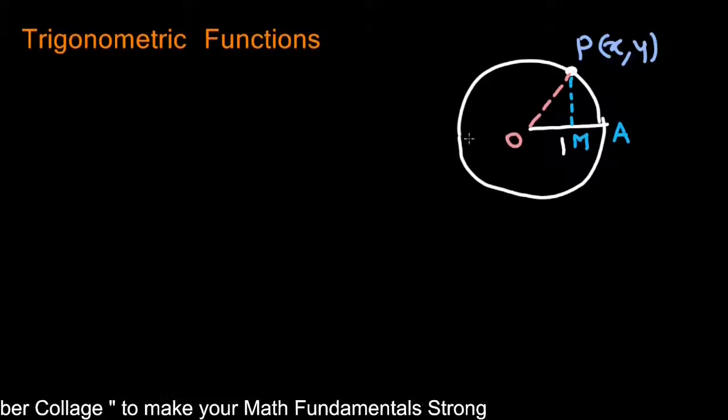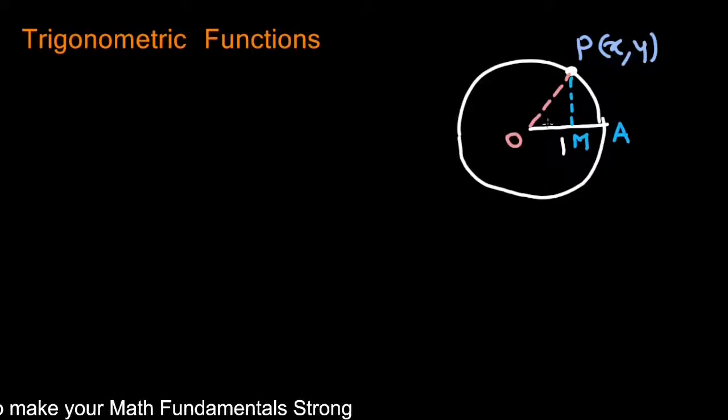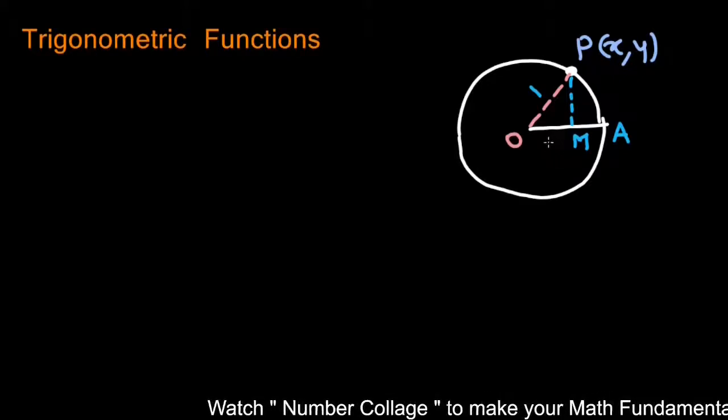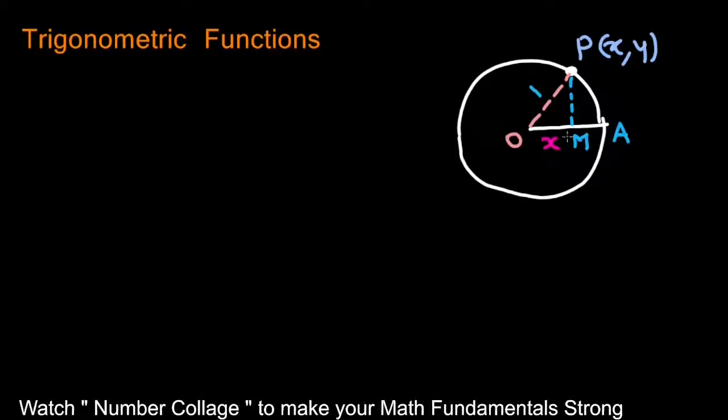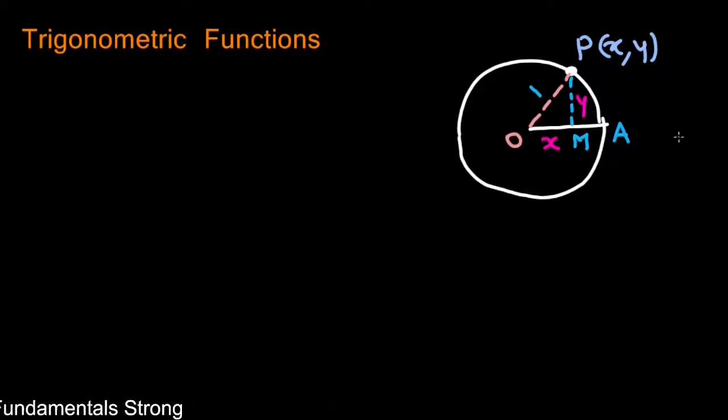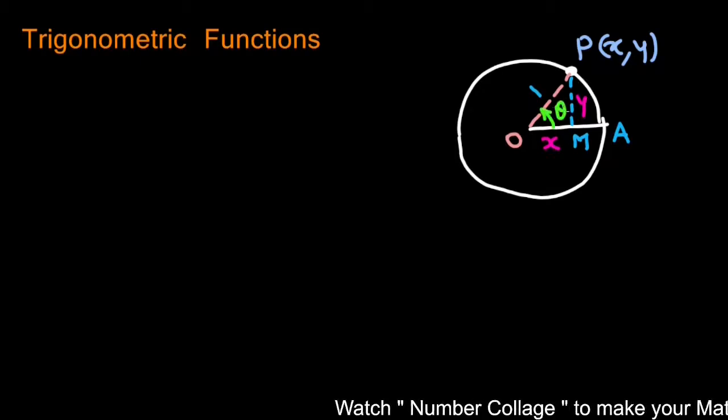Since this is a unit circle, its radius OP will be 1 unit. Now, since the coordinates of point P are (x, y), we have OM equals x and PM equals y. Let the directed angle AOP be theta degrees.